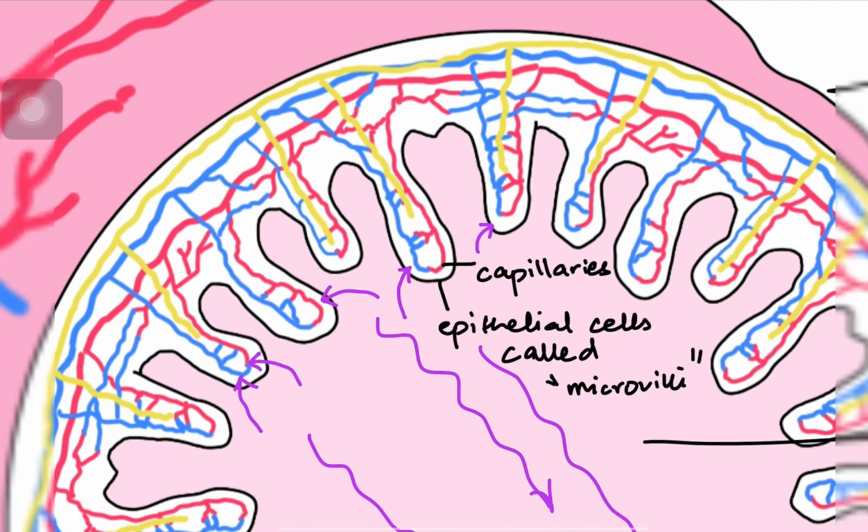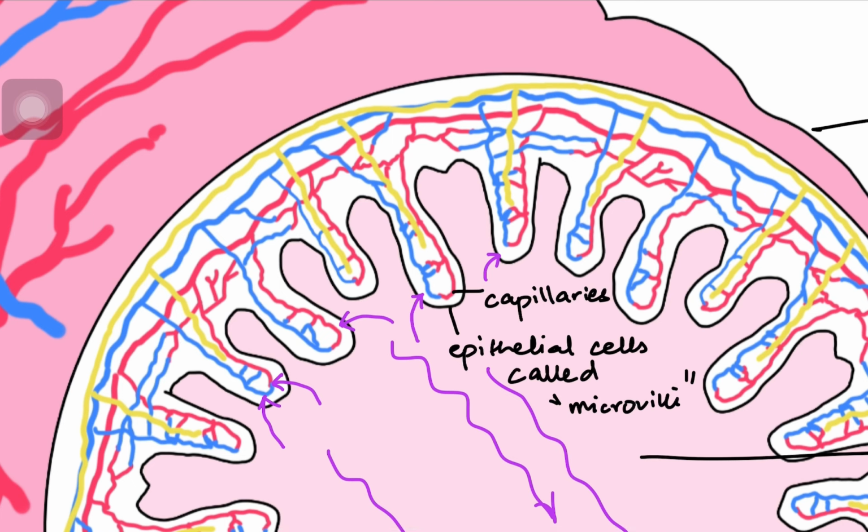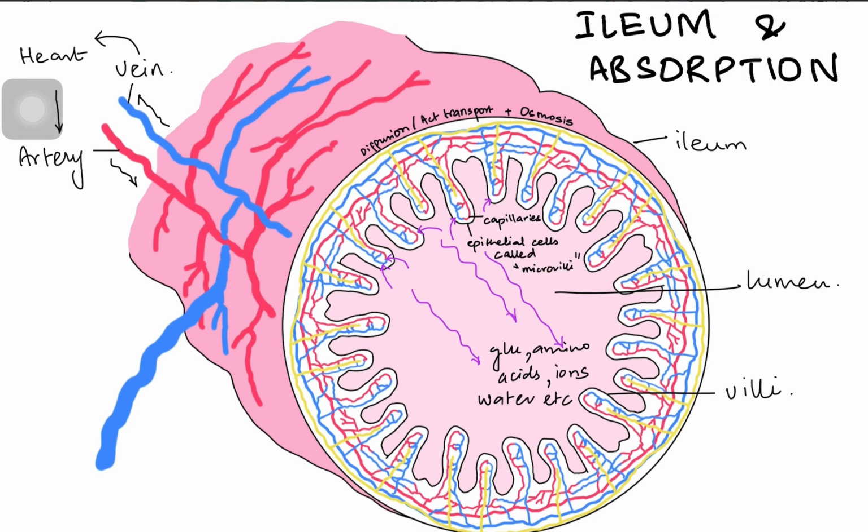And this food, once it's absorbed into the capillaries by the process of diffusion, which means from higher to lower concentration gradient, also active transport, which requires energy, and then water is absorbed by the process of osmosis.